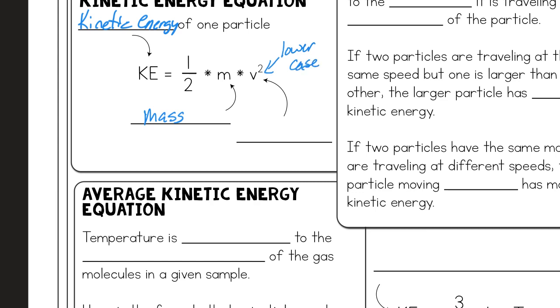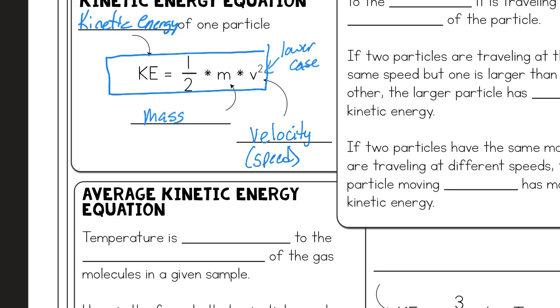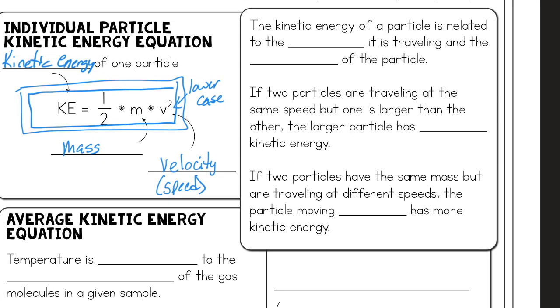A capital V stands for volume. A lowercase v stands for velocity, which means speed. So this is the formula for the kinetic energy of a particle. This is what you're going to need to recognize for the test. So be sure you can recognize this formula as being the formula for kinetic energy.